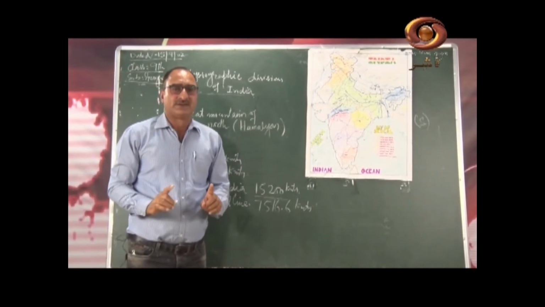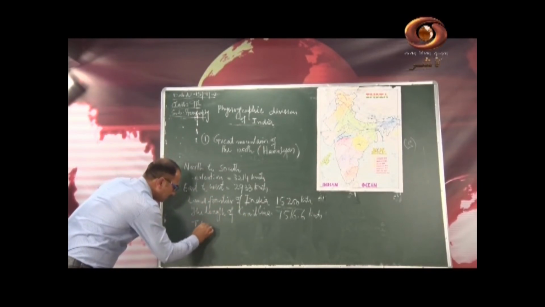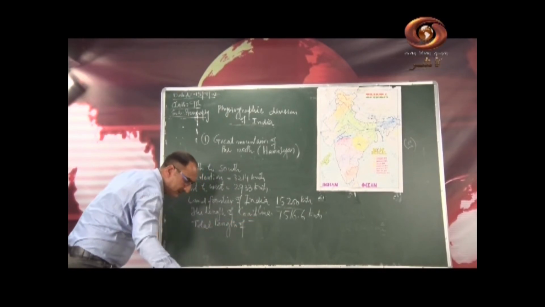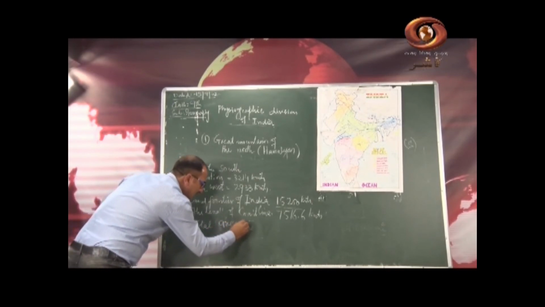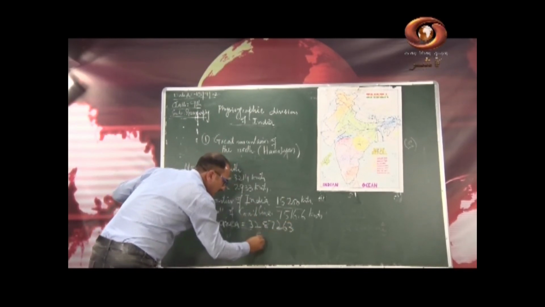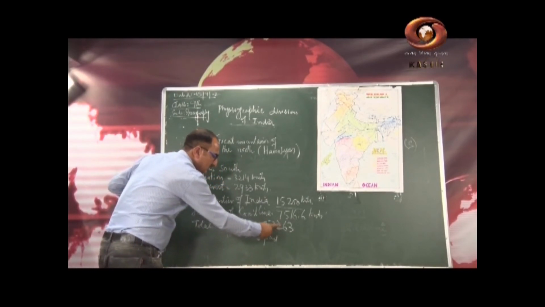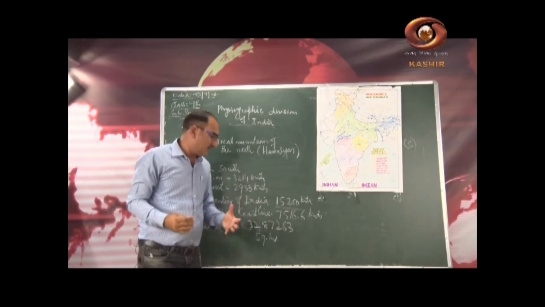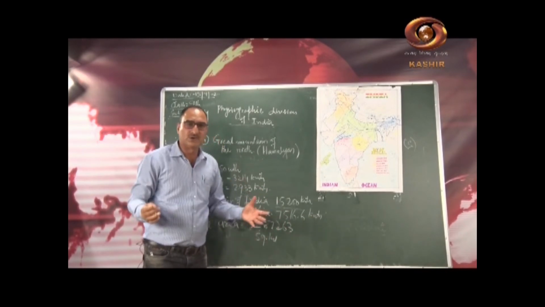Total area of India is 32,87,263 square kilometers.